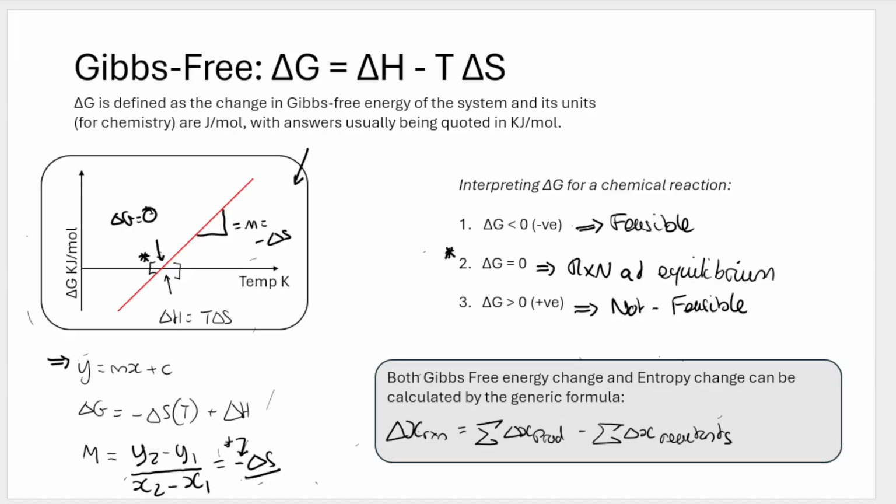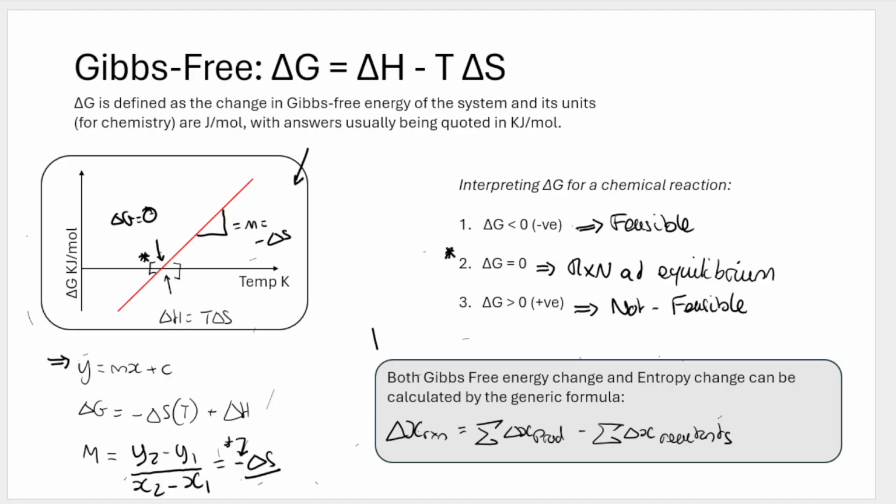When delta G is negative, this reaction is feasible. Now, a feasible reaction does not mean it will go spontaneously or instantly, or there might be a high activation energy. It simply means it is possible. However, a Gibbs free energy of greater than 0 is non-feasible. This reaction will not and cannot go.